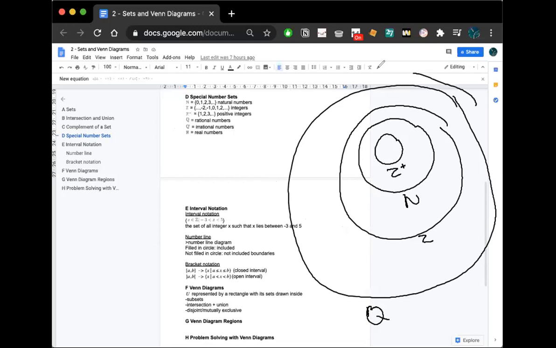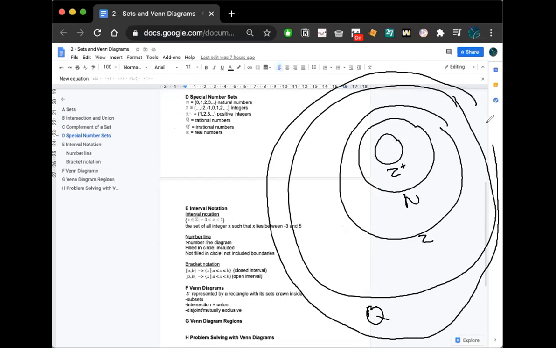Here's the real numbers, and here's a tiny irrational. Oh wait, this is rational, and then this other part is the irrational part. This is real, and then this is the entire number world. This is pretty much how the IB version works.